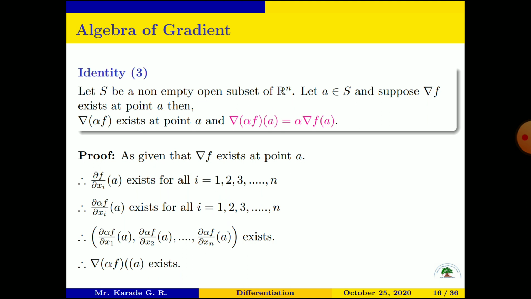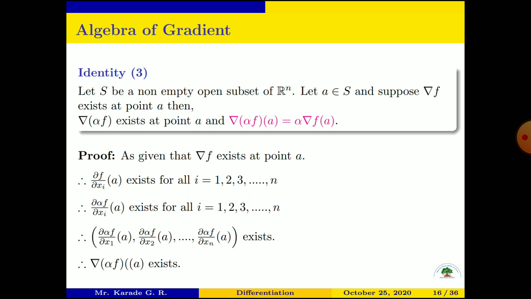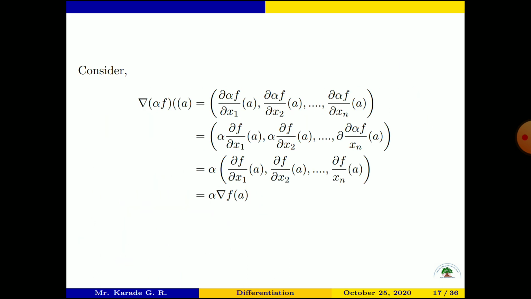This vector exists, and this vector is nothing but the gradient of alpha f at point A. So this is the first part of this identity.